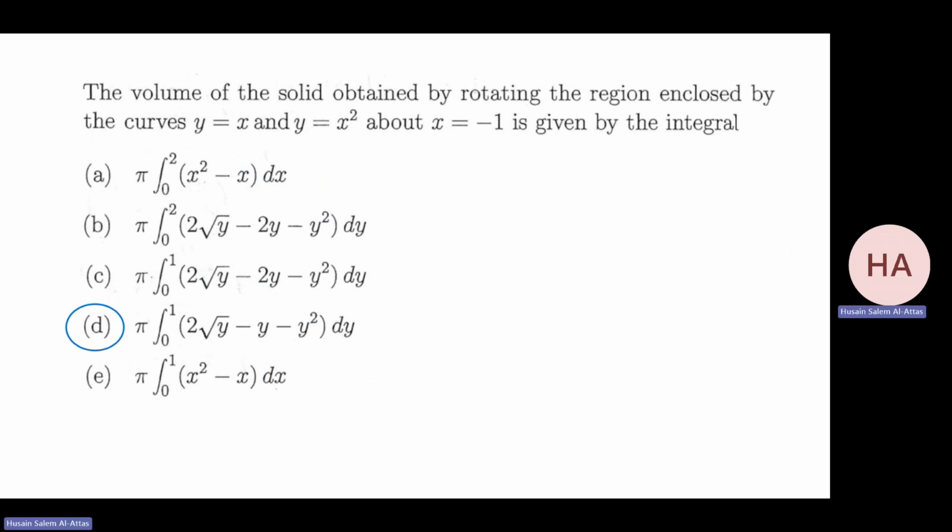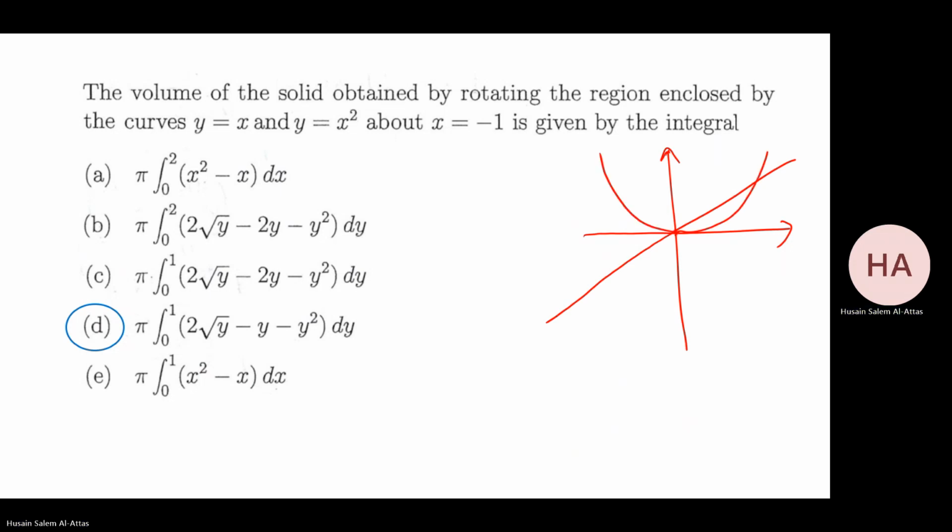The volume of the solid obtained by rotating the region enclosed by the curve y equal x squared, or x equal this, is given by what? Y equal x squared about x equal minus 1.